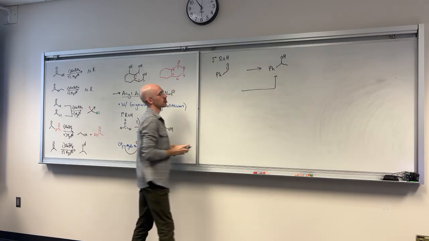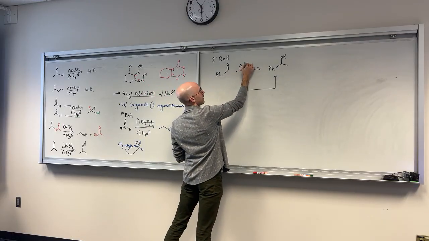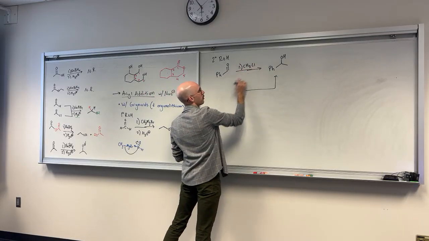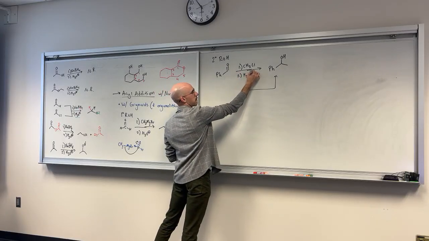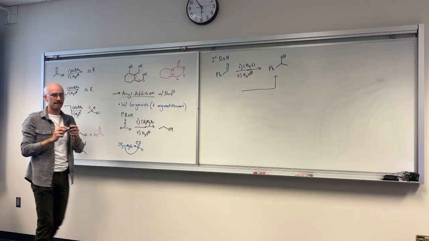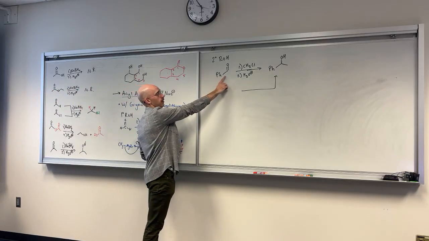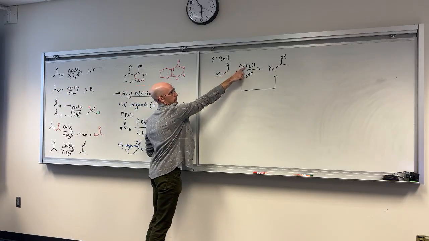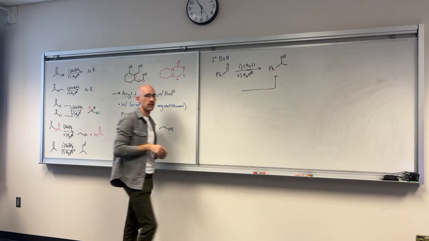Here, I can show benzaldehyde reacting again with a methyl organometallic followed by an aqueous workup. You want to map your carbons: phenyl, carbonyl, methyl, phenyl, carbonyl, methyl.